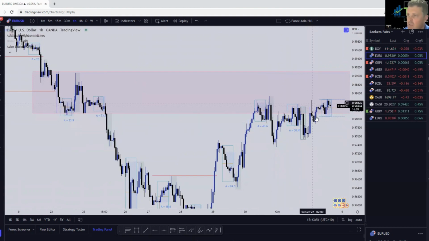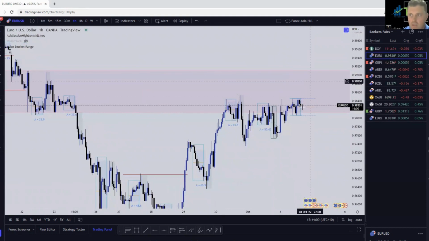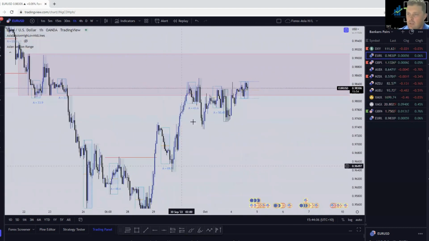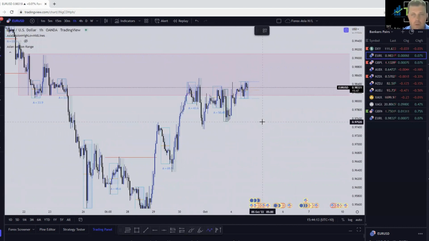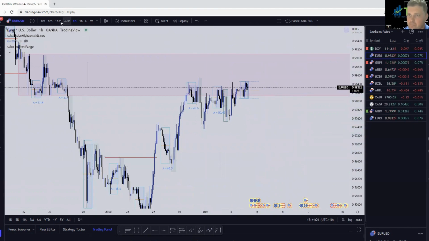We keep getting rejected, but the rejection's getting weaker, which indicates that the liquidity in this area is getting less and less, and probably indicates more that the bulls are going to continue to push the price higher. And with this bullish structure starting to form on the 1 hour, again, for a reversal, we would want to see a break of these lows, and then obviously looking for a chance for a short at that point.